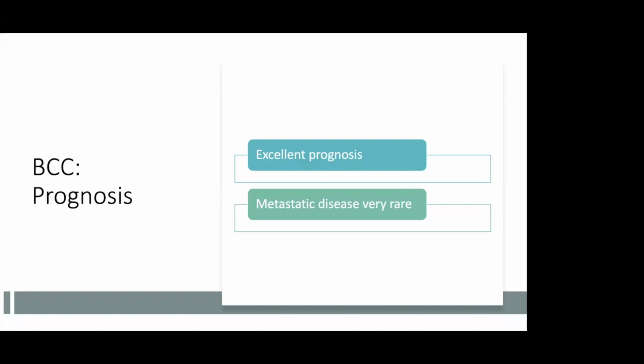The prognosis tends to be very good, with metastatic spread occurring on only very rare occasions, with a recurrence rate postoperatively of less than 2%. So it's really got a very good outcome if it's treated appropriately.